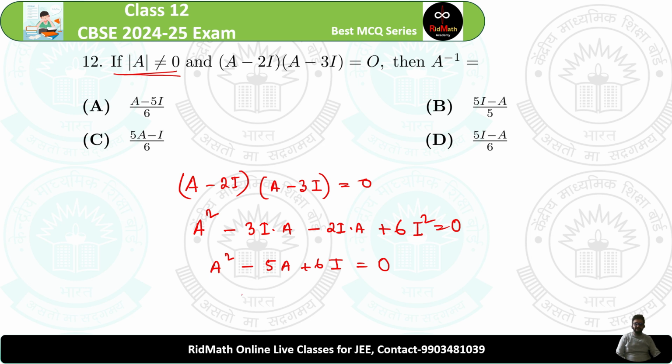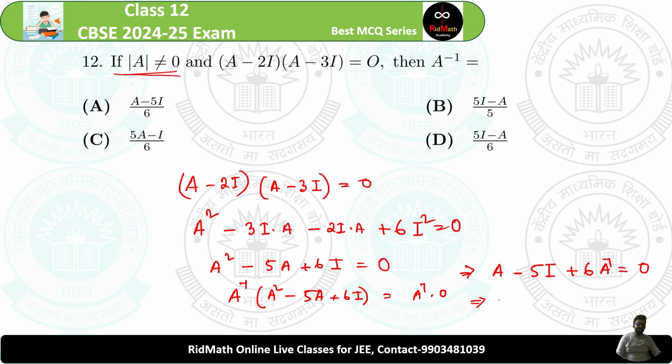Multiplying both sides by A inverse. So A inverse into (A square minus 5A plus 6I) is equal to A inverse into 0. So this is equal to A inverse into A square, so 1A will remain, then minus 5 into A inverse into A, that is identity matrix, plus 6 into A inverse. This is equal to 0, since 0 into A inverse is 0.